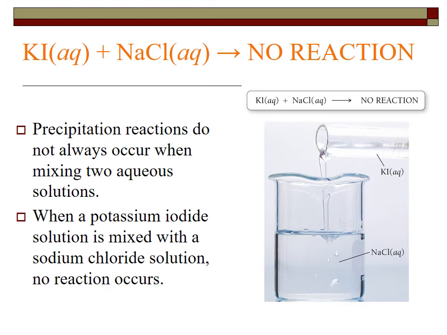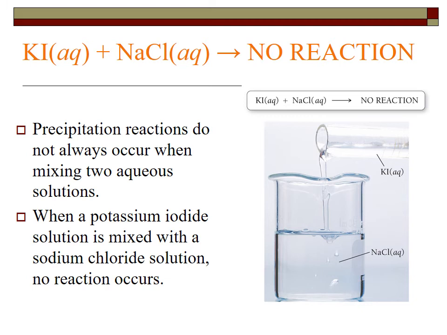Precipitation reactions do not always occur when mixing two aqueous solutions. In this particular reaction, if I take potassium iodide and mix it with sodium chloride, I get no reaction. See, I have my graduated cylinder, my beaker here, potassium iodide, sodium chloride.